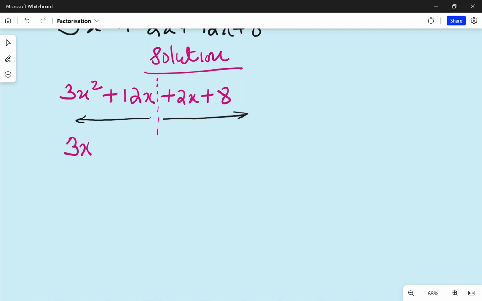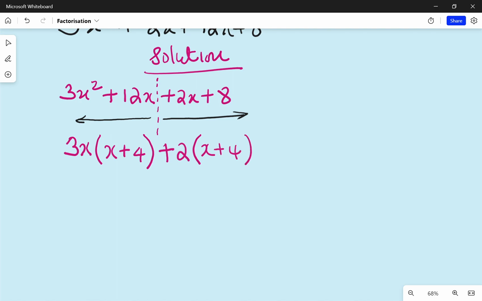x is also common, so I'm left with x plus 4, such that 3x times x gives 3x squared back, and 3x times 4 gives 12x. In the second part of the expression, 2 is common, so x plus 4.